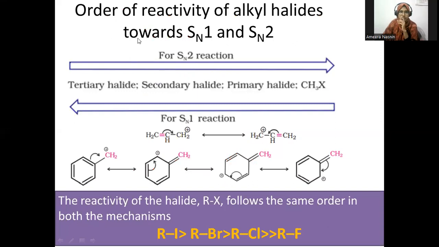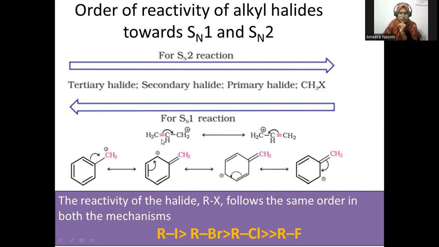Okay, so the order of reactivity of alkyl halides towards SN1 and SN2 reactions is summarized here. Tertiary halides undergo reaction via the SN1 mechanism, and we can see that methyl and primary halides undergo reaction prominently via the SN2 mechanism.